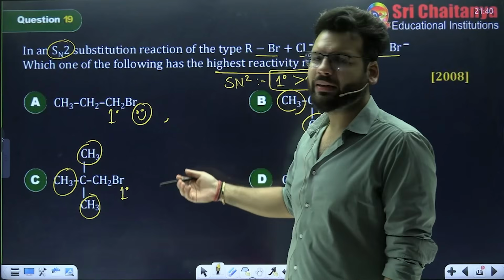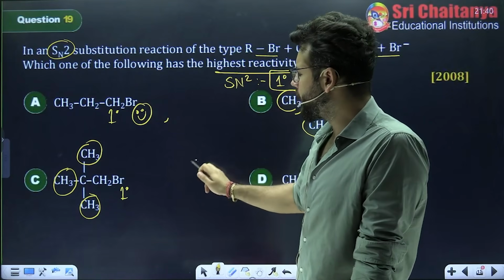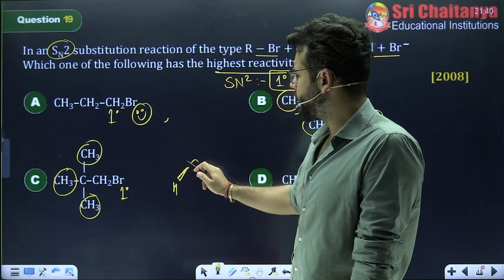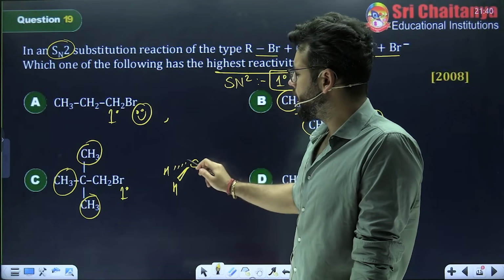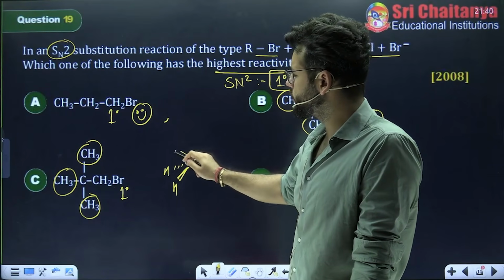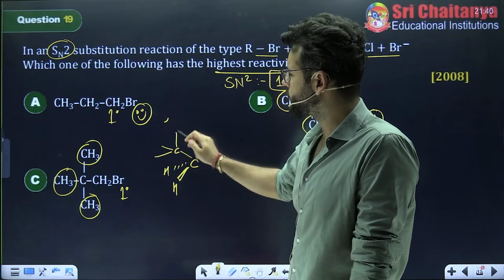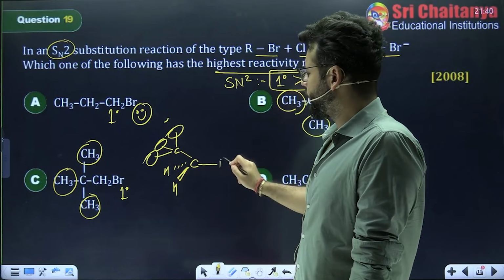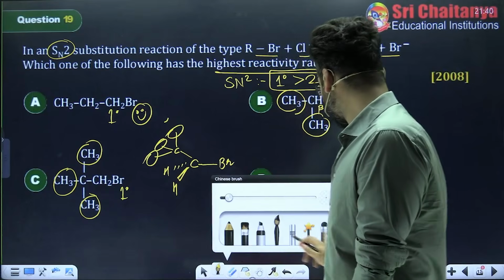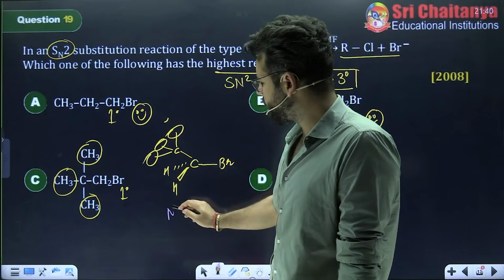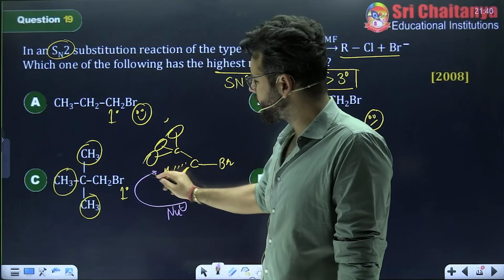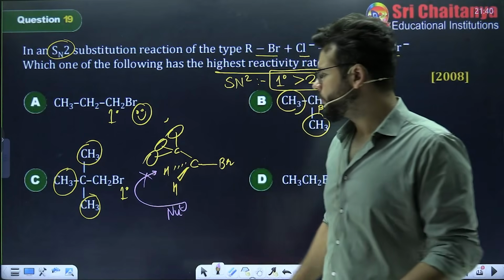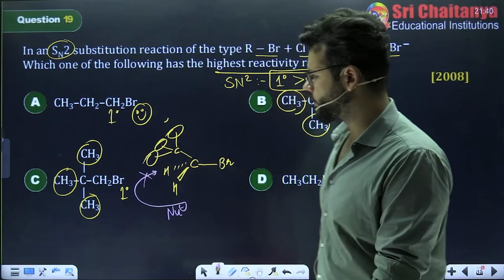If I do a backside attack, you can see here the alpha carbon carries a hydrogen, another hydrogen, and a tertiary butyl group, CH3, CH3, CH3. NCERT has drawn a structure like this. Now, if a nucleophile comes to attack from the backside, you can feel how much difficulty it will face. So it's not a good reaction. It can undergo SN2, but not a great SN2 because of too much bulkiness.